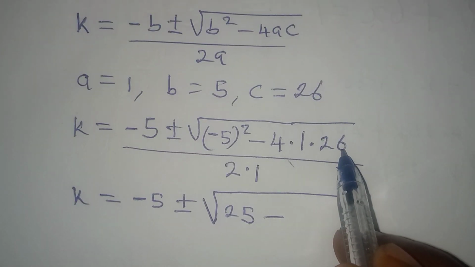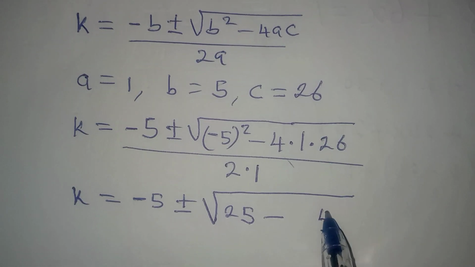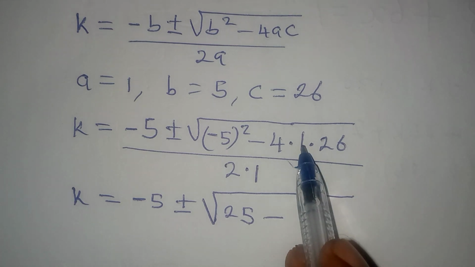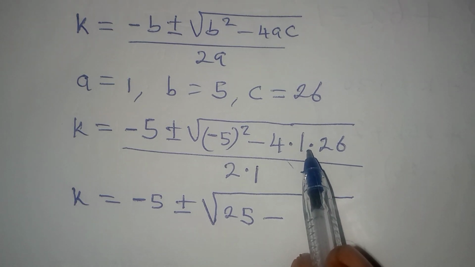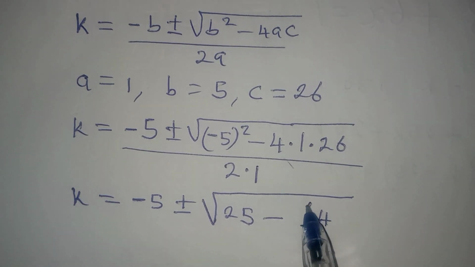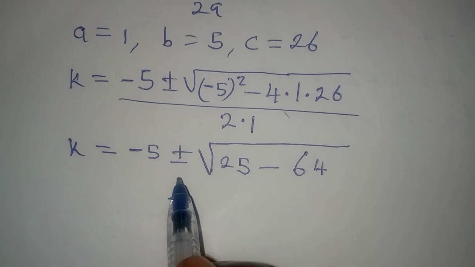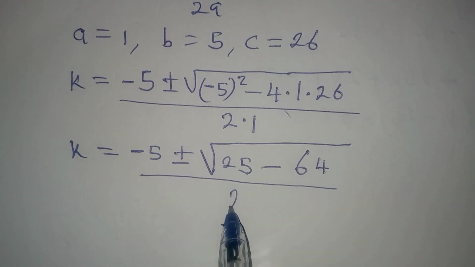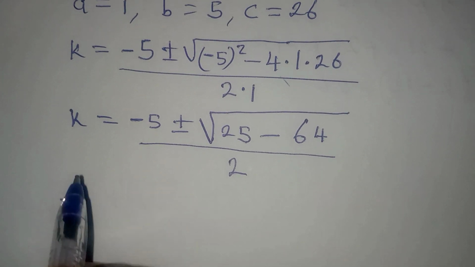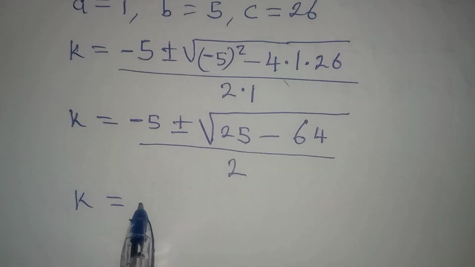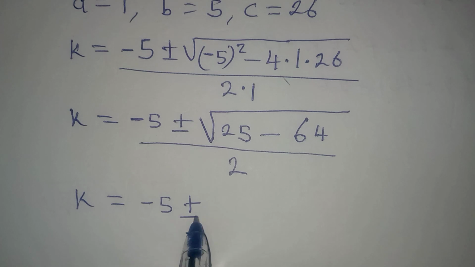4 times 6 is 24. We have 4, carry 2. 4 times 1 is 4. Then plus the other one, that will be 64, right? We have 64, and this will be all over 2. Now take a step further. K will be equal to minus 5, positive or negative.